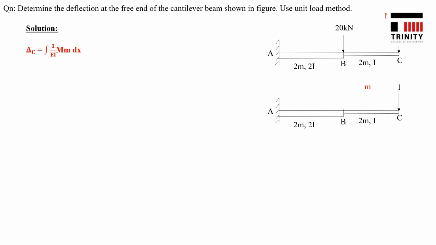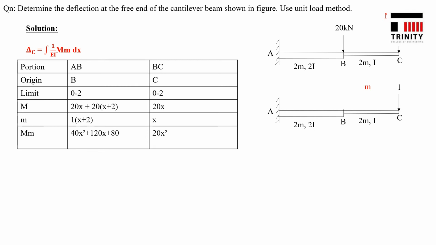For M and small m computation, you need to draw a tabular column like this. In the tabular column, you need to include portion, origin, limit, capital M, small m, capital M into small m. First consider portion.